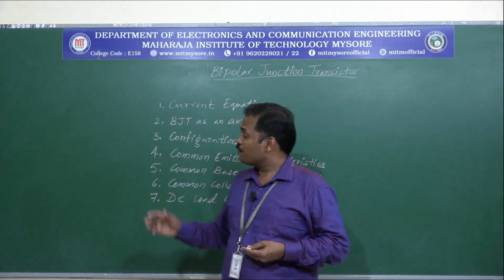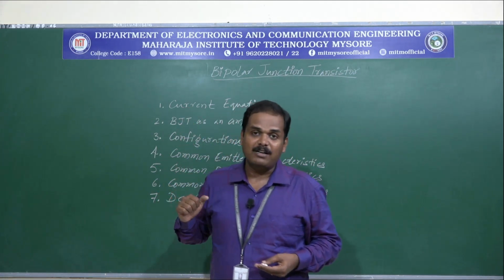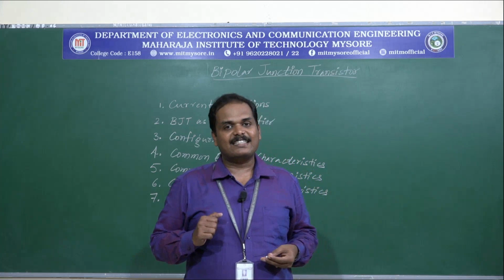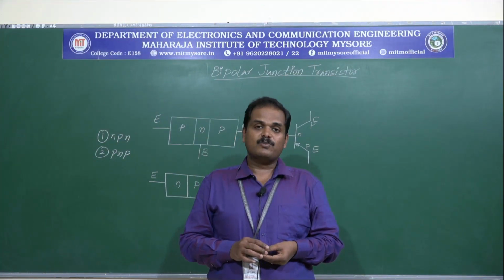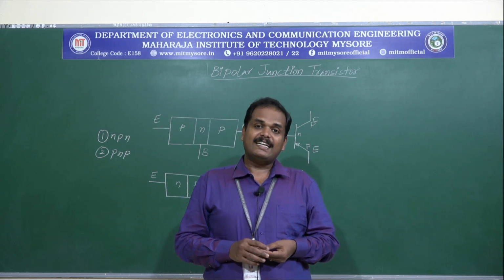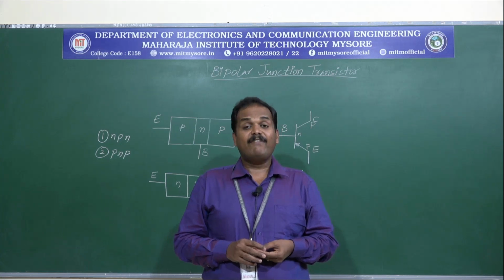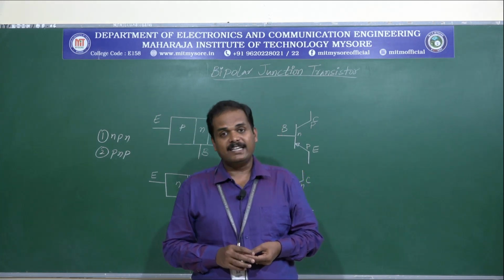Before getting into these topics, we'll brush up the fundamentals of bipolar junction transistor. Let us understand some of the basic concepts associated with a BJT. The full form of BJT is bipolar junction transistor. And we have two types of BJTs.